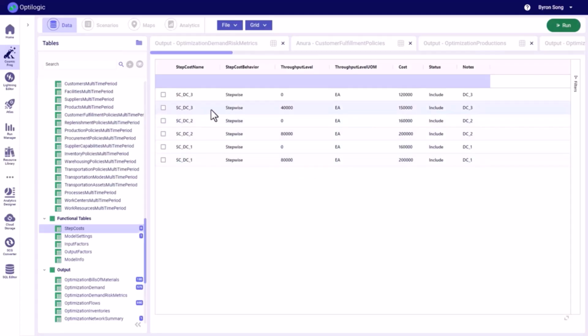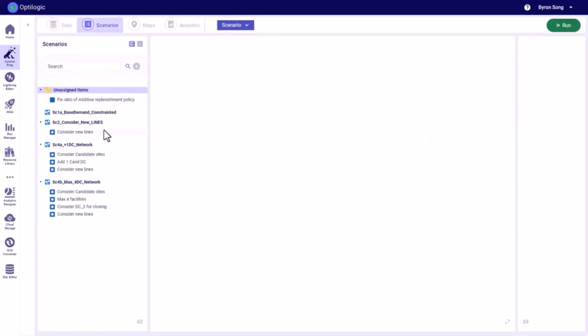Now, having set these things up, we can set up our scenarios. If we go to the scenario setting, we can see how the baseline and the scenario 2 was set up that consider new lines.